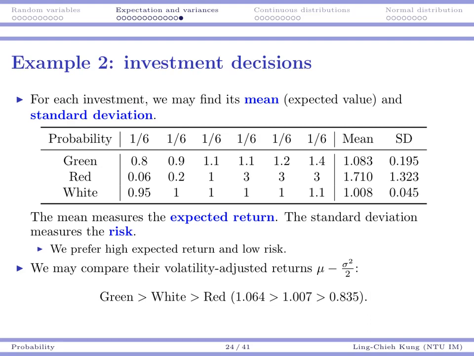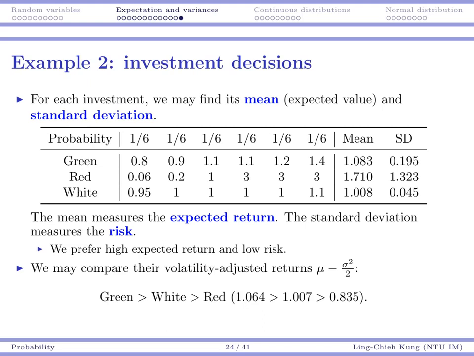Otherwise, there is no reason to prefer a risky investment. Okay, so we prefer mean to be high, but we also prefer standard deviation to be low. So most projects are like that. They either have high expected return but also high risk, or the other way. Okay, so in that case, we may want to find a way to do some trade-off.